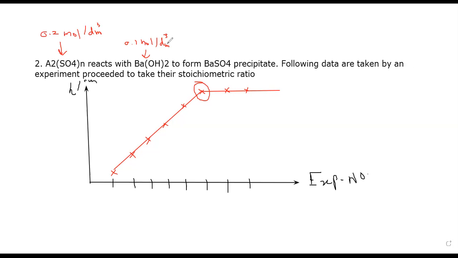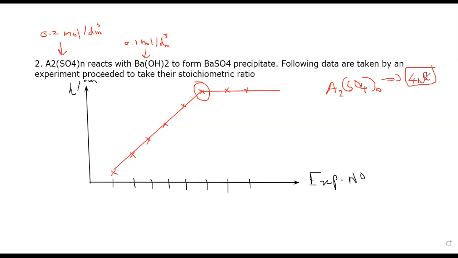In all experiments, they used 4 milliliters of A2SO4N and it is constant.